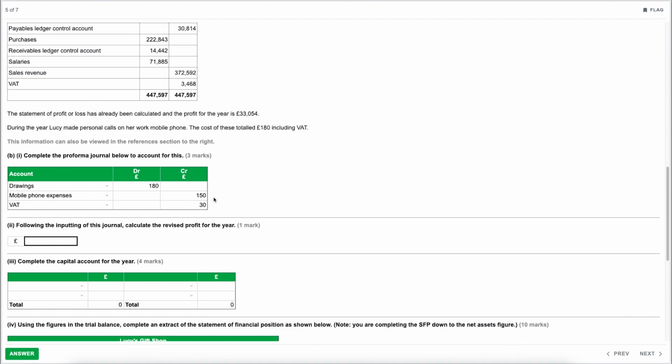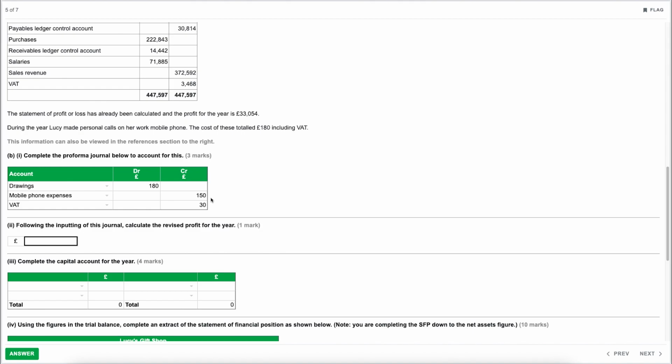Let's just see what we need to do with VAT. So again, VAT would not affect your P&L figure, your profit, because the VAT goes to your statement of financial position as either an asset if we're claiming money from HMRC, or a liability if we owe HMRC money. So the VAT and drawings wouldn't affect your profit figure. It would just be this mobile phone expenses.